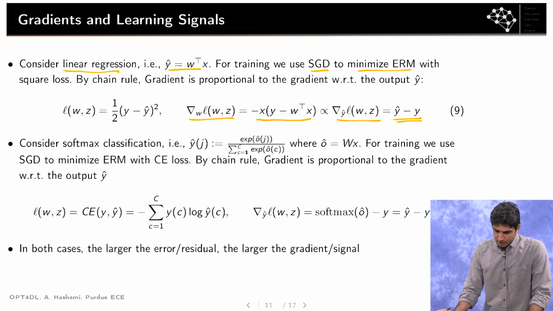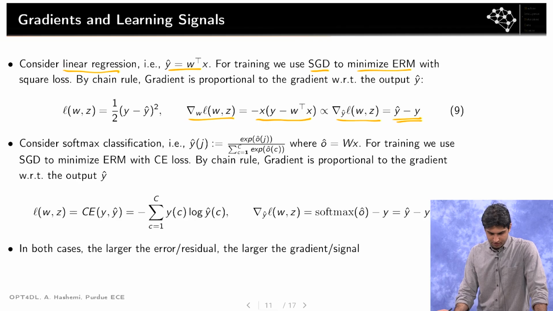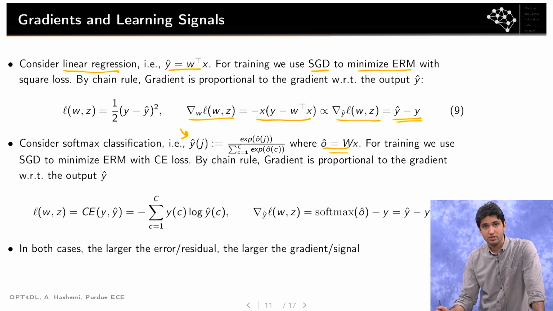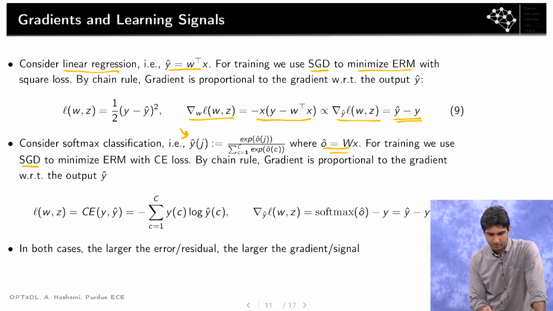It turns out that a similar thing is also satisfied for the classification problem, in particular the softmax classification problem, when we use the cross entropy loss. This was our prediction, which is nothing but applying the softmax normalization to this linear model. Again, notice that without loss of generality, I'm ignoring the bias term. For training, again, we use SGD to minimize the empirical risk minimization problem with cross entropy loss.